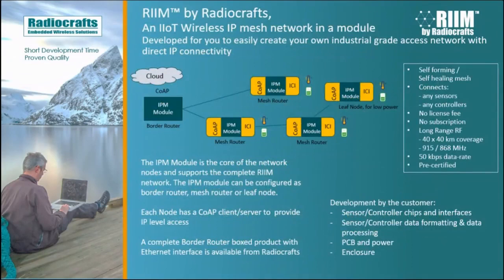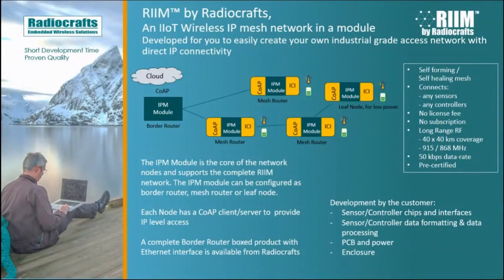Since we are Radiocrafts and we are discussing mesh, of course we will discuss RIIM. Maybe you heard this particular slide before, but very quickly, for those who haven't, RIIM is an industrial grade wireless sensor network with direct IP connectivity. RIIM is based on the IPM module, which can be configured as a border router, a mesh router, or a leaf node. The leaf node usually sits on the edge of the network. It collects sensor data and forwards it to its parent node.